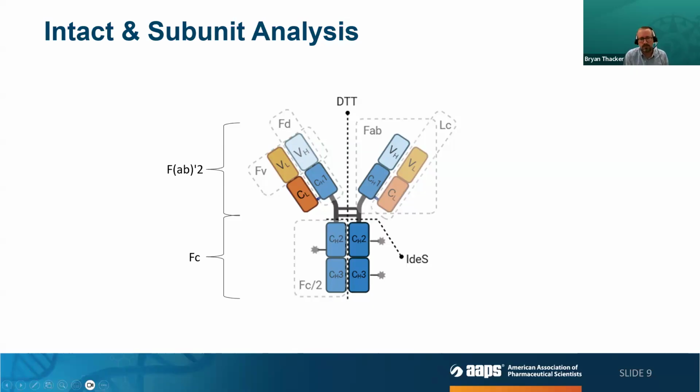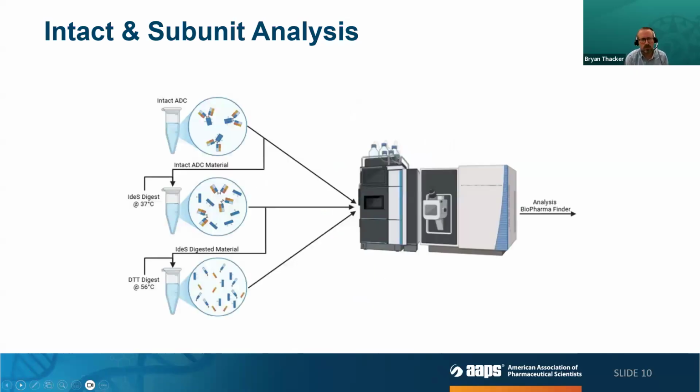Let's look at the next slide. Here we're just showing briefly a workflow that we can use to generate different samples that can be analyzed by LCMS methods. At the top here, we can analyze intact ADC drug product directly, or it can be digested using the IDES enzyme, as I mentioned, to liberate the FC and the FAB subunits.